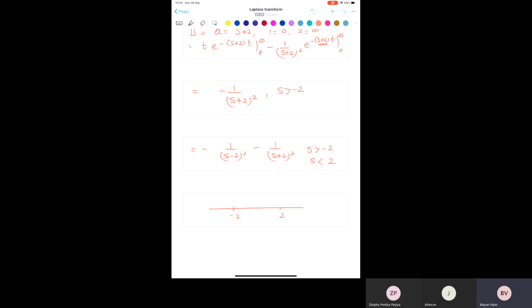One of them says this range and the other says this range. So what's the common region of convergence? That is your answer for this question.